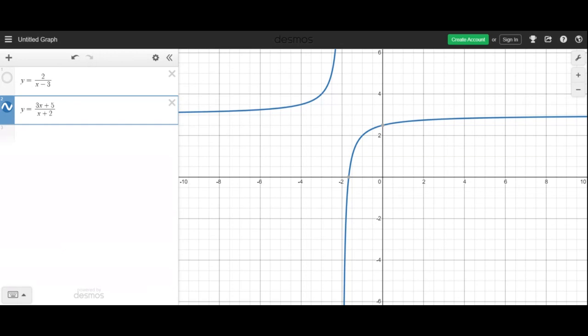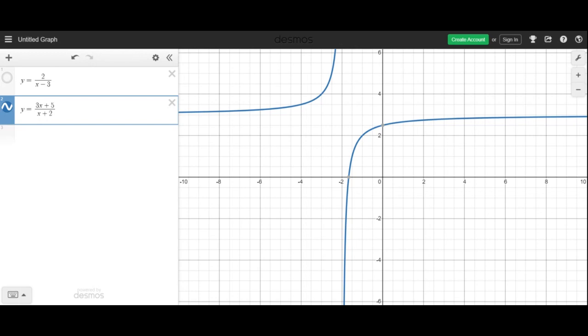All right, now, if we're looking for a range, what do you think the range would be this time? Good.